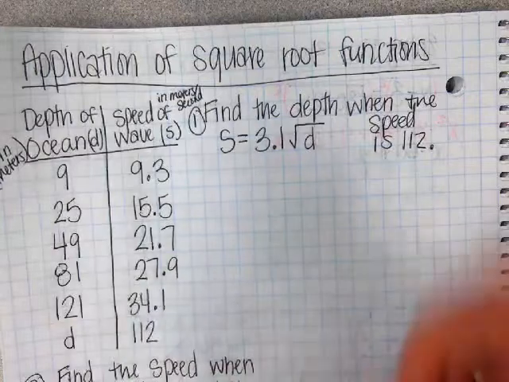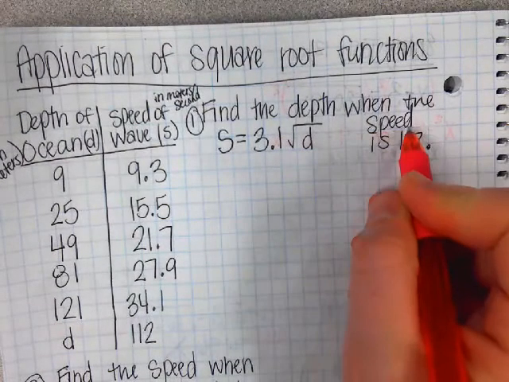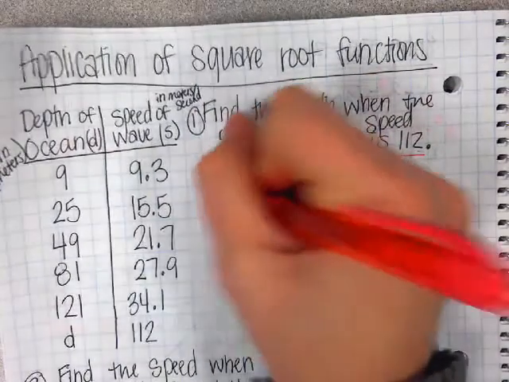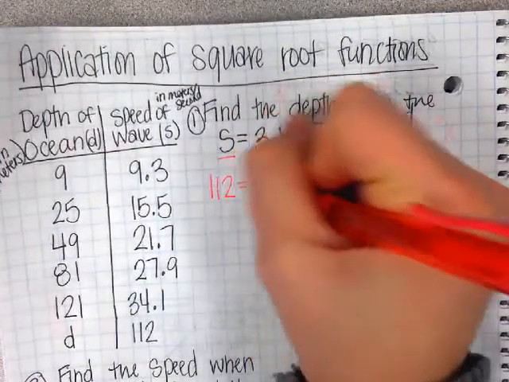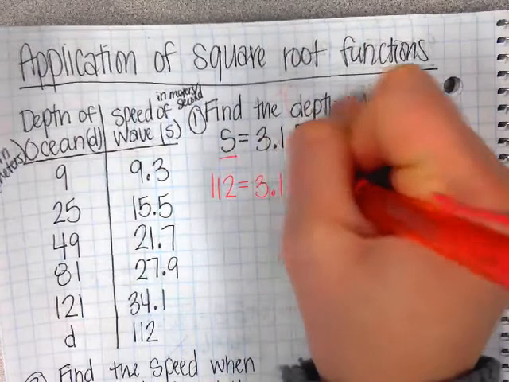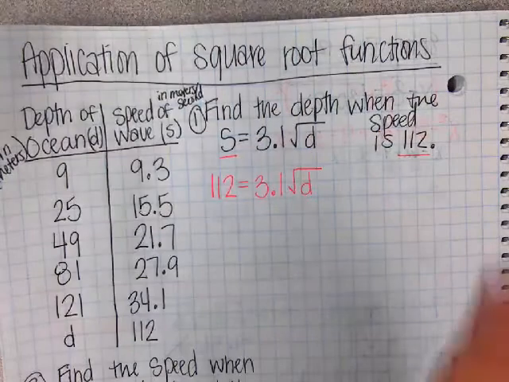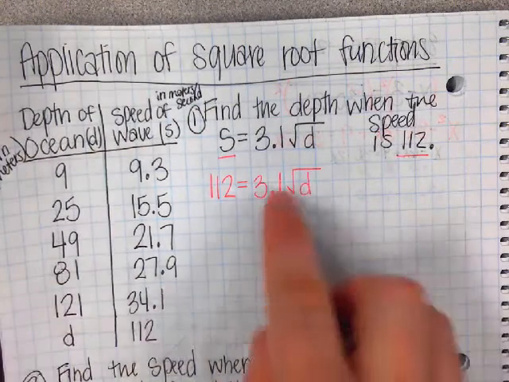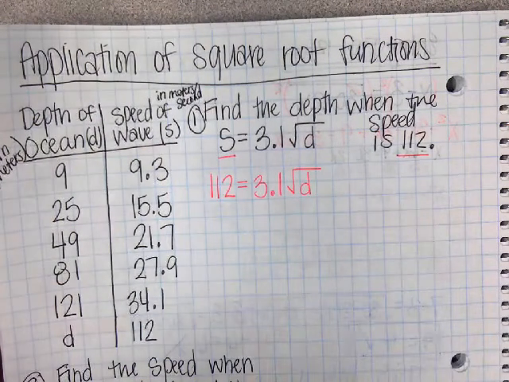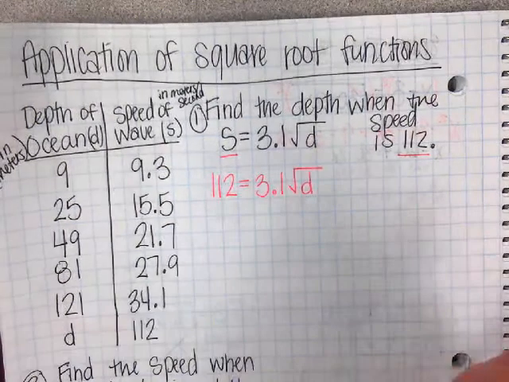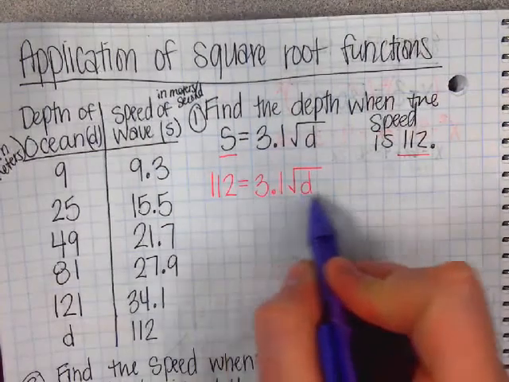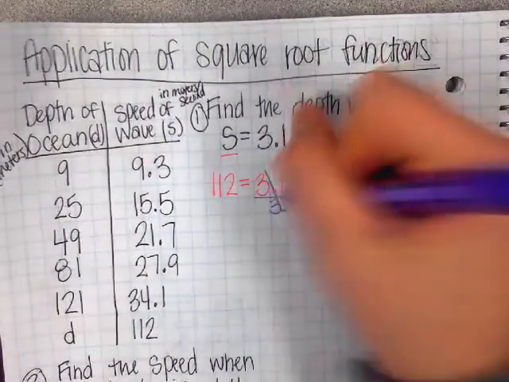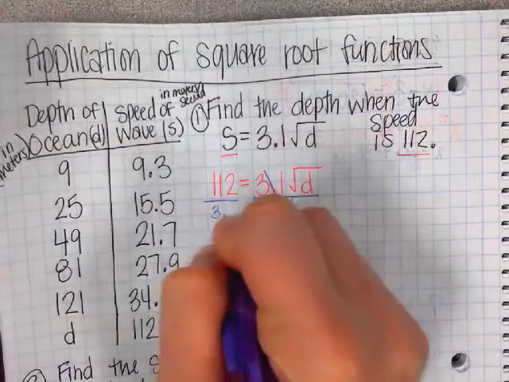So I plug in 112 for the speed and then find the depth: 112 equals 3.1 square root of D. Since it's 3.1 times the square root of D, we cannot square both sides until the square root is completely isolated. So we need to divide by 3.1, because the opposite of multiply is divide, and then divide 112 by 3.1.